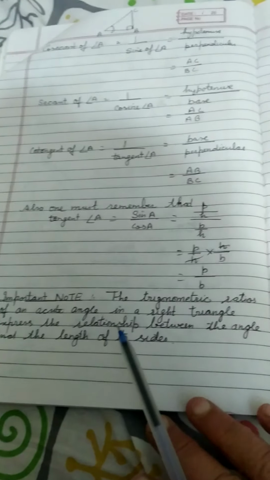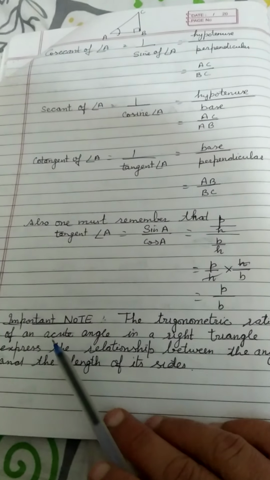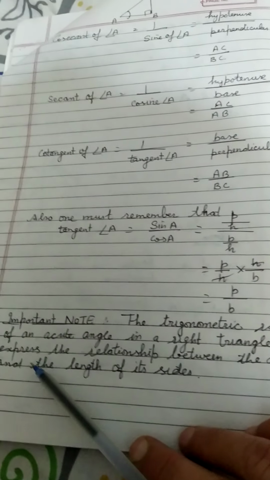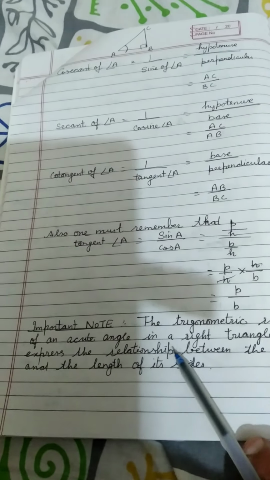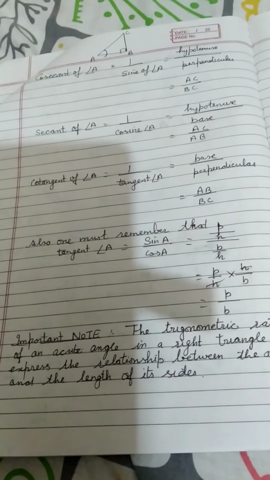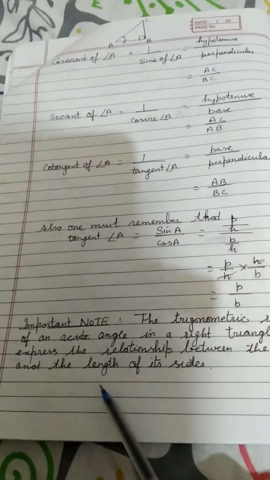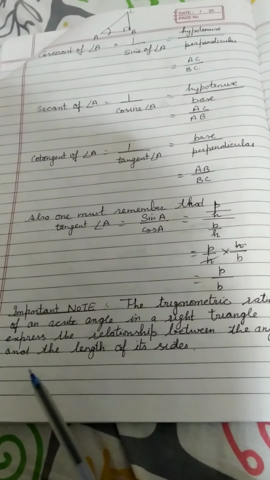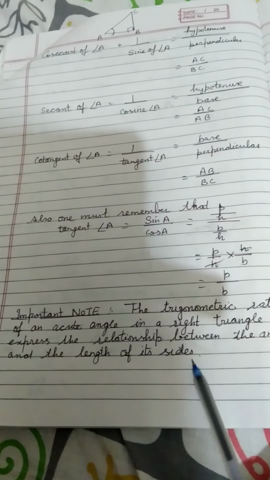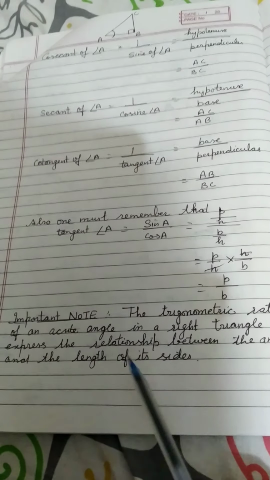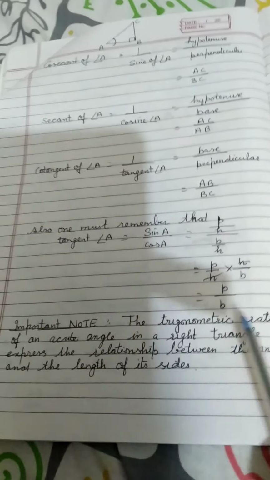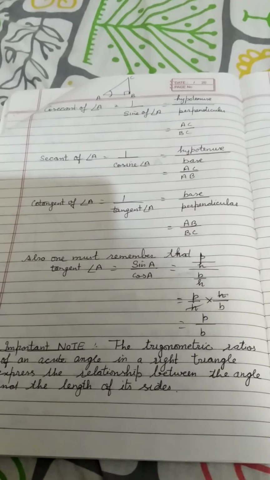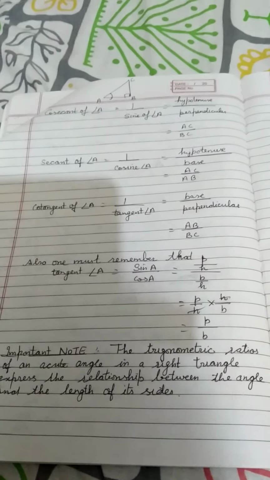Now here is an important note: the trigonometric ratios of an acute angle in a right triangle express the relationship between the angle and the length of the sides.